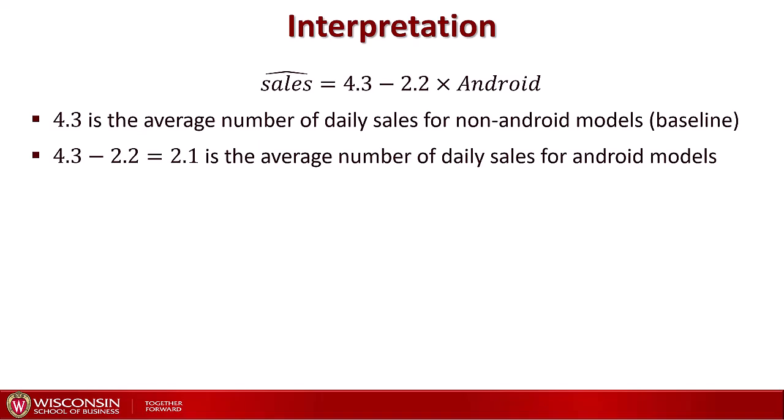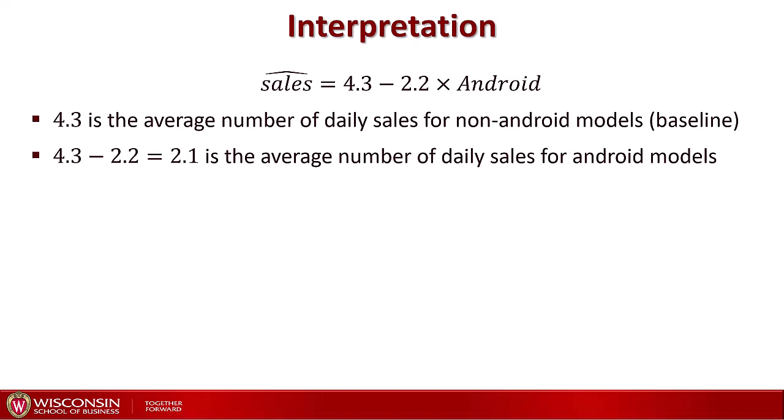Here we are looking at a shop that sells cell phones, and we want to know the average number of sales each day, and for that we are going to use the Android category as an explanatory variable. Our estimates are 4.3 for the intercept and minus 2.2 for the Android category coefficient.